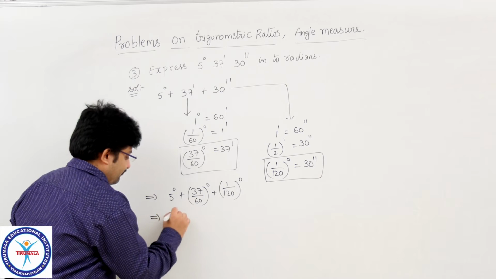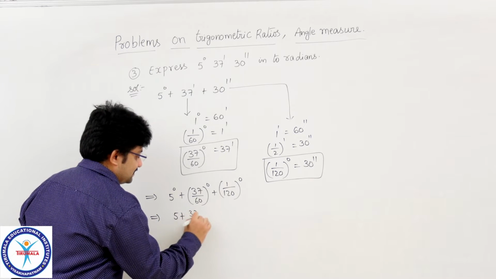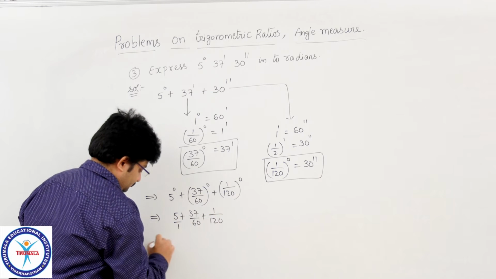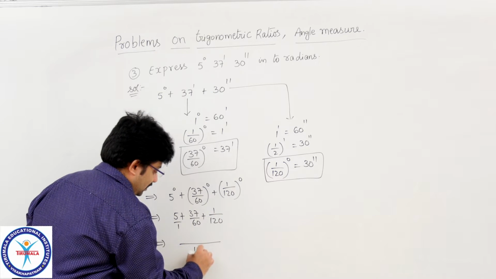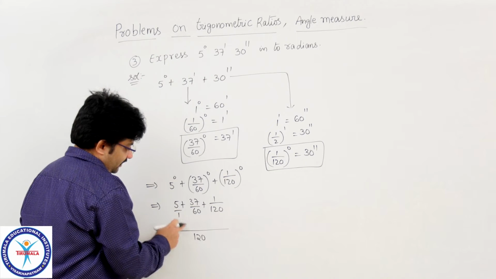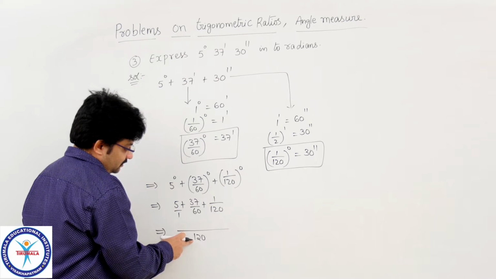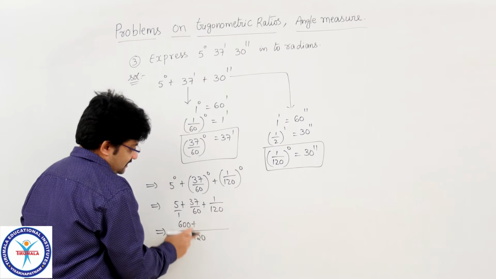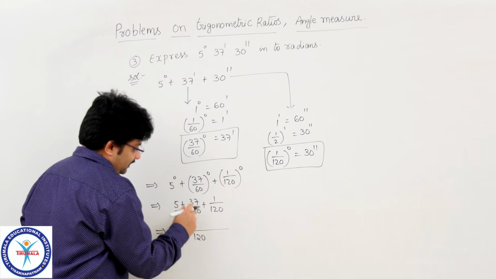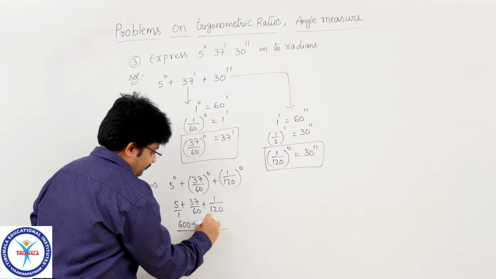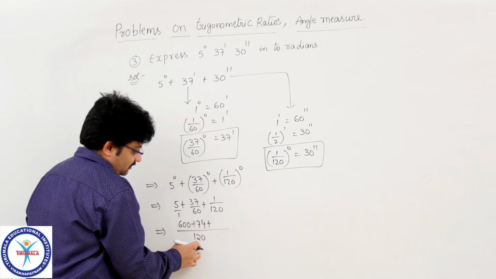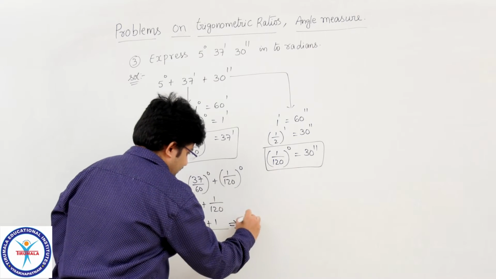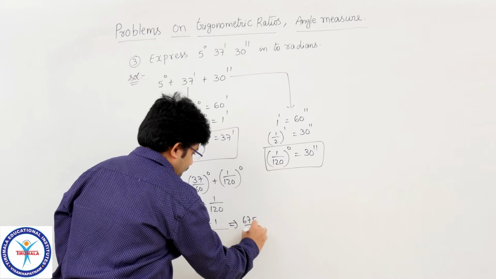That means 5 plus 37 by 60 plus 1 by 120. The LCM here is 120. 1 into 120 is 120, 5 into 120 is 600, plus 62 is... 2 into 37 is 74, plus 1 into 1 is 1, that is 675 by 120.